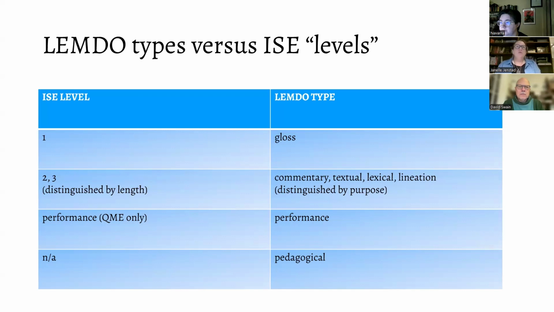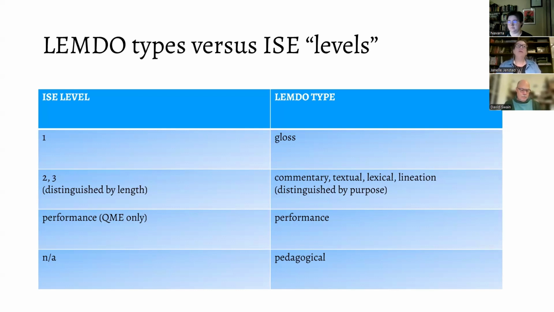So the ISE level 1 note is exactly the same as the LEMDO gloss. The ISE level 2 and 3 notes were really distinguished only by length. So the level 2 commentary note was not very long.